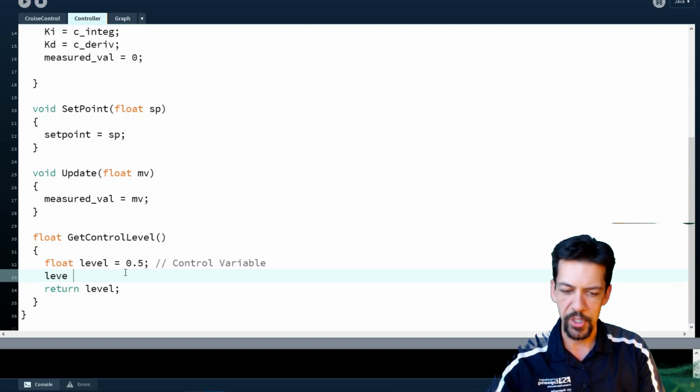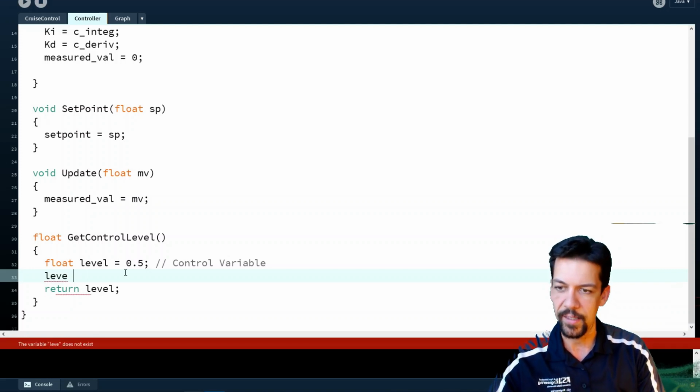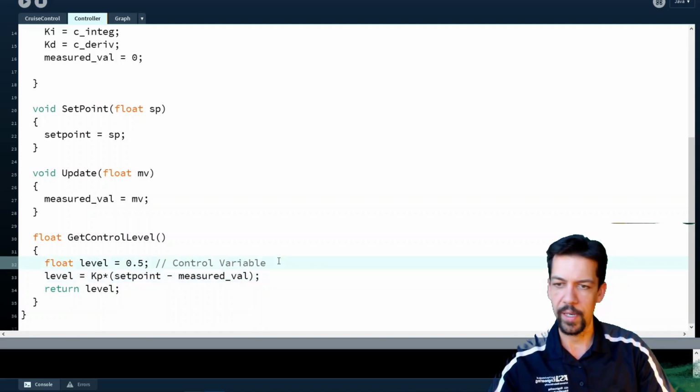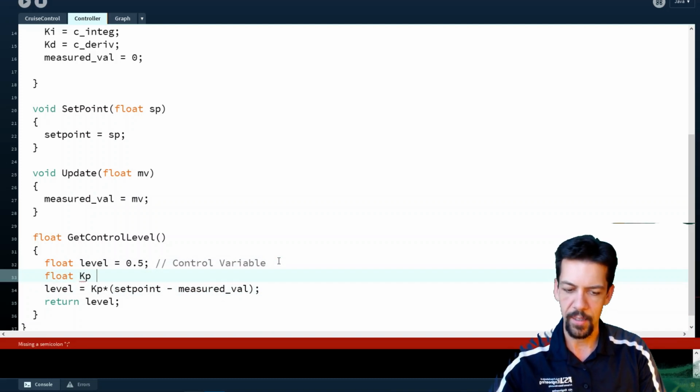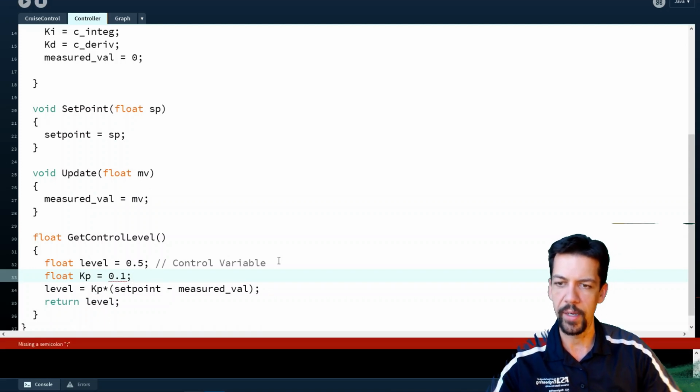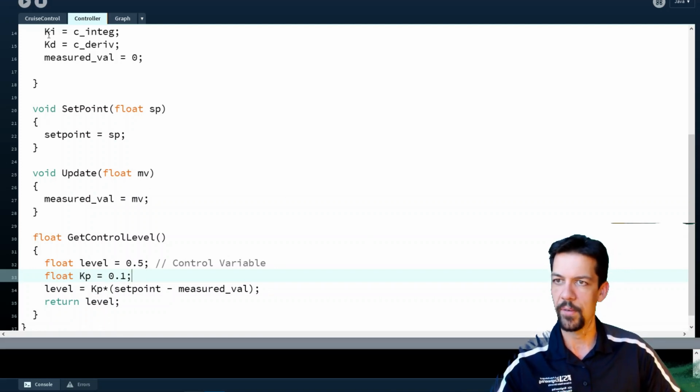My level should be equal to some constant, which is my KP, times my error, which is, remember, the set point minus my measured value, right? And that's the basics here. We're going to need KP, so let's set another float at KP, and let's just set this equal to 0.1 for now to see how it does, right? So let's see what happens when we do this.